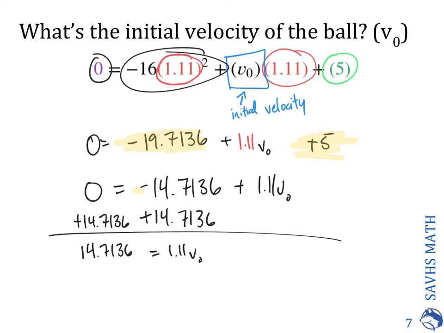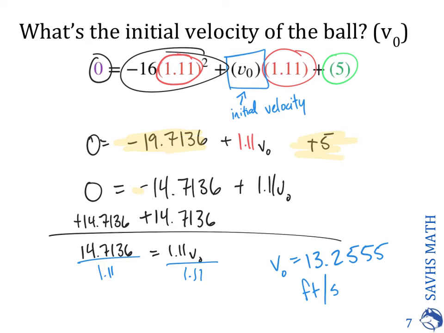Okay, divide both sides by 1.11, and I get v naught is 13.2555. Okay, velocity is measured in feet per second in this example, and for all the examples we're going to be doing.